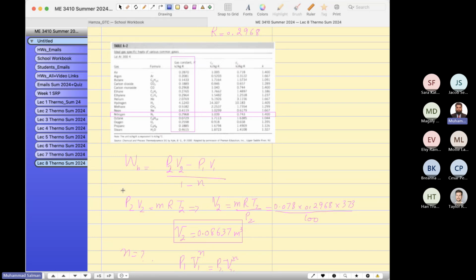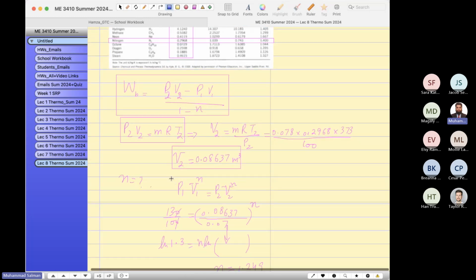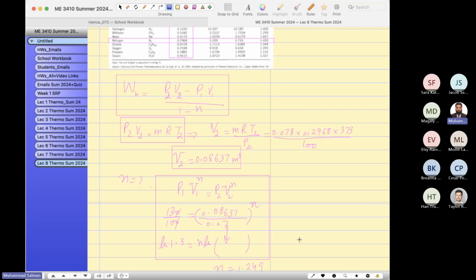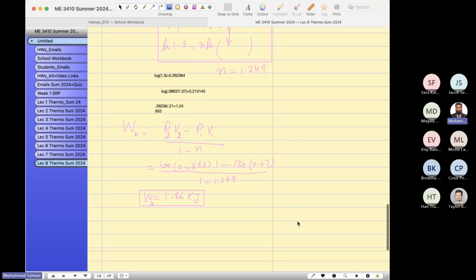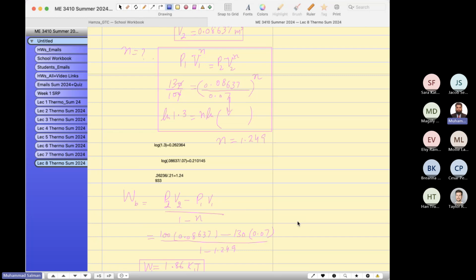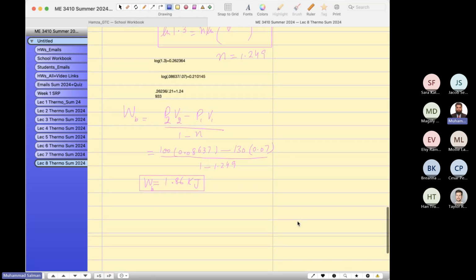So you must know how to use the gas equation, how to find out N from the process. This is important. You might see such a problem in your quiz. So it is better to understand how to find out the index of a polytropic process.